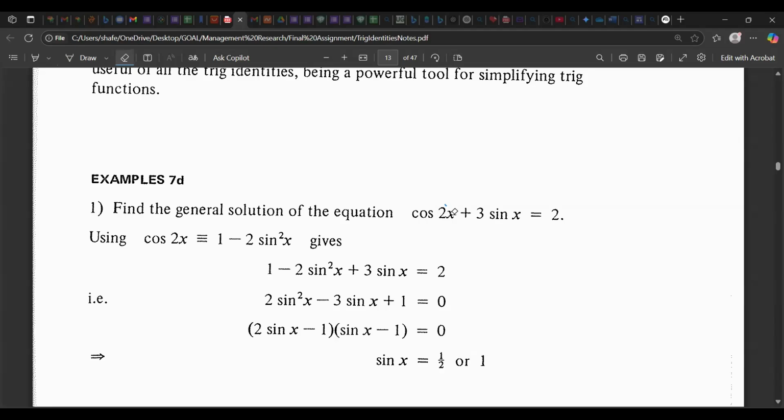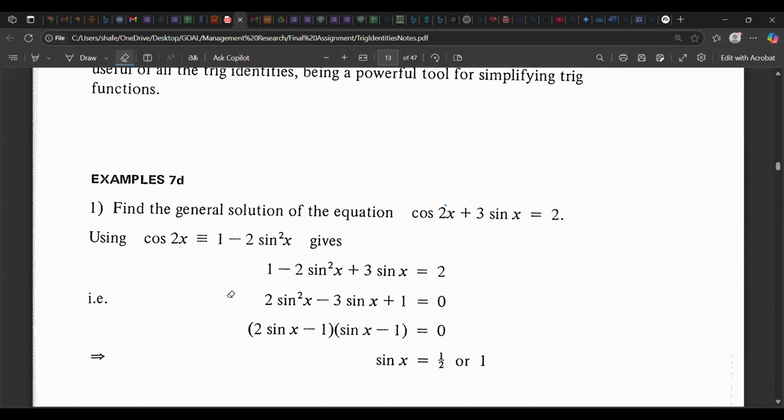So where we see cos 2x, we are going to put 1 minus 2 sine squared x. You remove some brackets, you simplify, you bring everything to one side so you don't have any negatives sticking out.